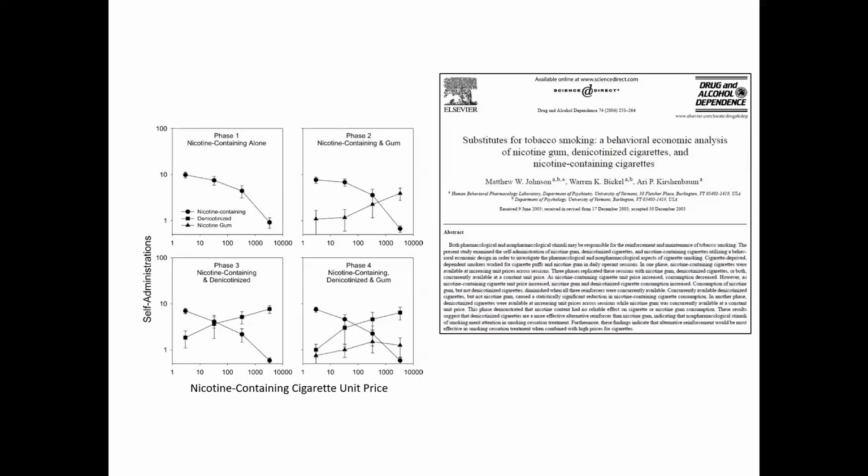And then finally, in the bottom right corner, we see yet another phase in which both denicotinized cigarettes and nicotine gum were available as potential alternatives, basically separating the pharmacological and non-pharmacological aspects of cigarette smoking. And we see positive cross-price elasticity for both of these, except stronger for denicotinized cigarettes, really highlighting the importance of those non-pharmacological aspects of smoking reinforcement.